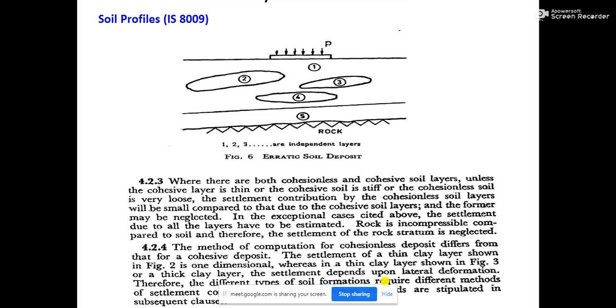The settlement of a thin clay layer shown in figure 2 is one dimensional. That is what I was telling you. What is figure 2? I was explaining it.